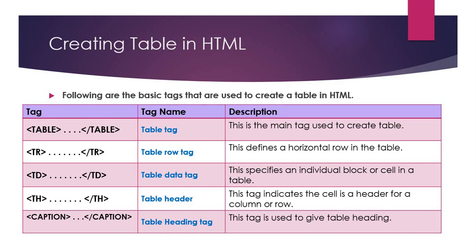It specifies the heading of each column on its top. Caption tag. This tag is used to give table caption or table heading that appears on the top of the table. Now let's see how to design a web table using all above tags in HTML document.